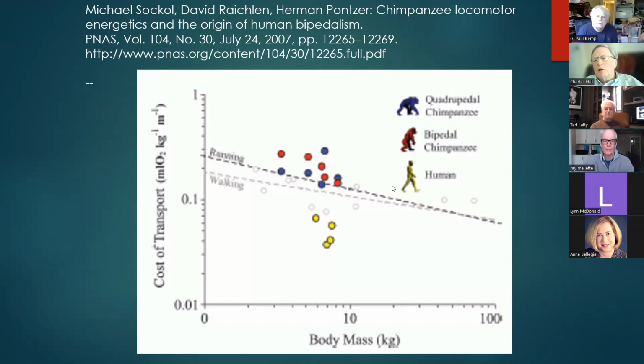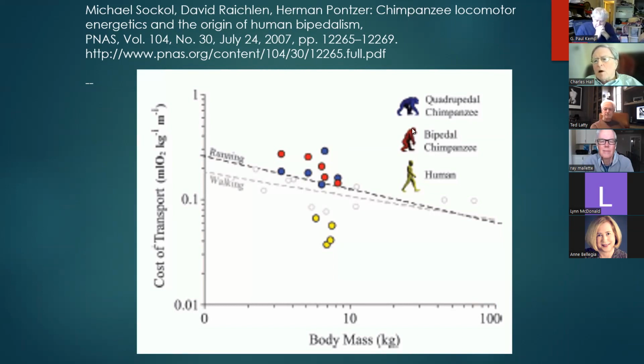What you find is that on the ground, not through the trees, humans have a much more efficient way of moving, in other words bipedalism, compared to chimps.